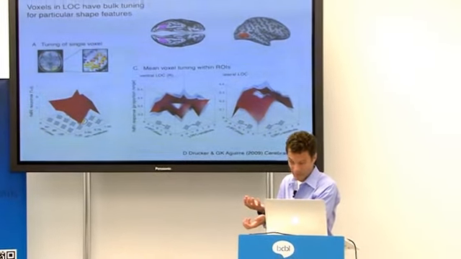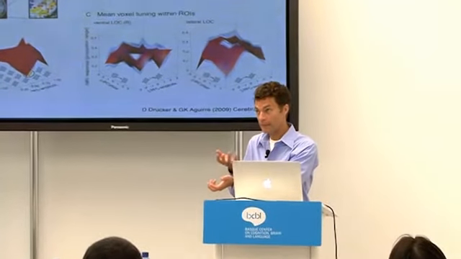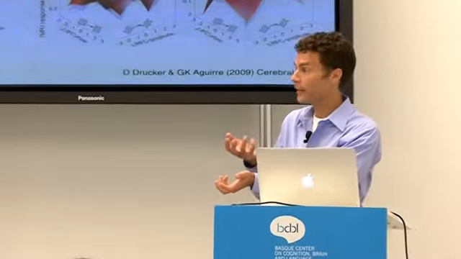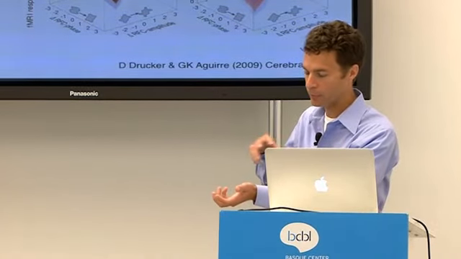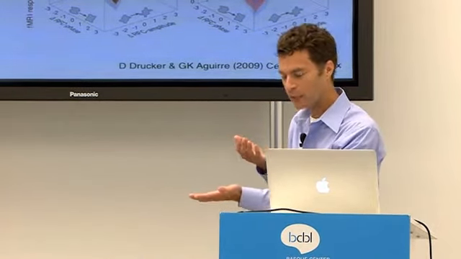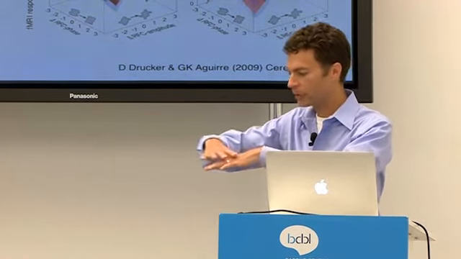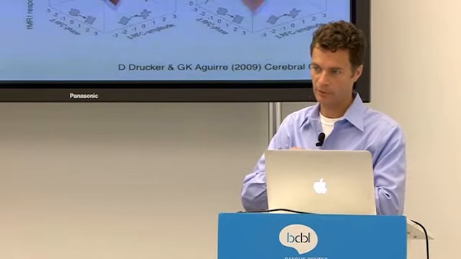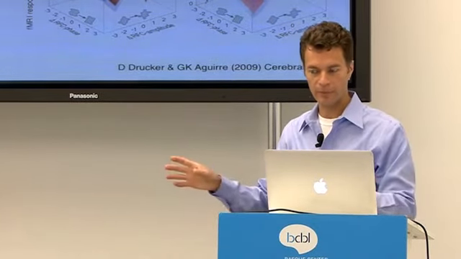In fact, quite the converse, I would argue that when you can do MVPA decoding, that is indicating a fairly coarse coding of, in this case, object properties. But when you can do adaptation, you've found a population of neurons which are able to completely span the space of the stimuli.